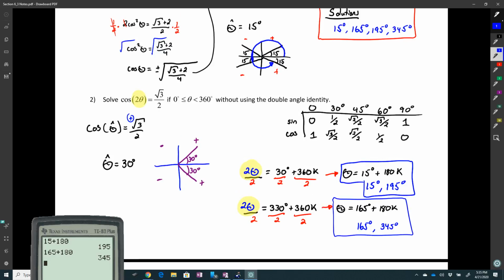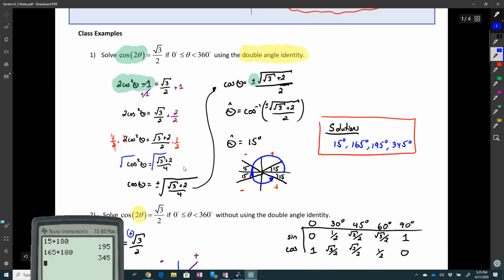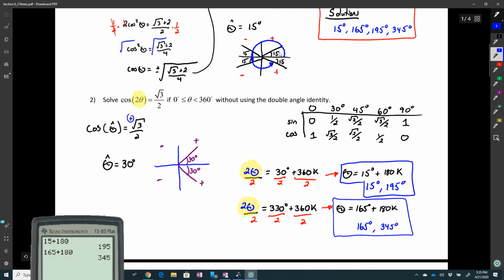Okay, so if we use trig identities, there was a little more math involved. You have to remember that the plus or minus was there, meaning that all quadrants were used, and so we have 4 answers. In this one, I do it like normal, like a regular cosine. It's positive in quadrant 1 and quadrant 4. 30 degrees gives me square root of 3 over 2.